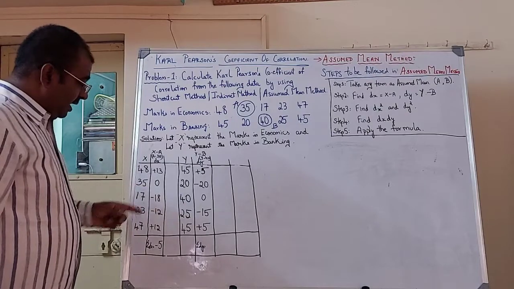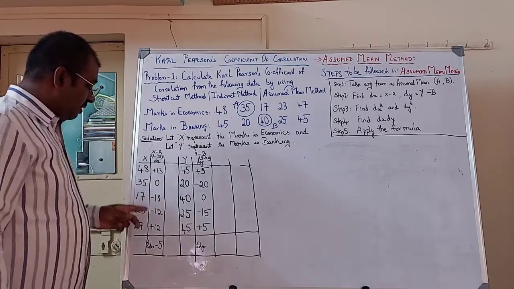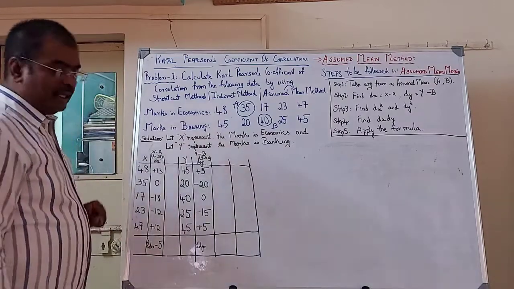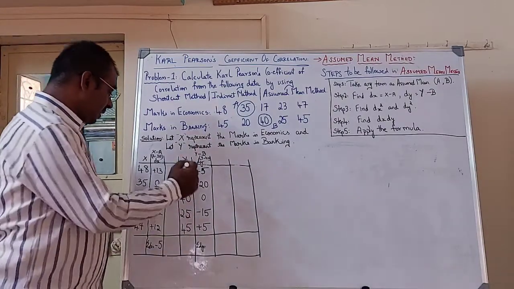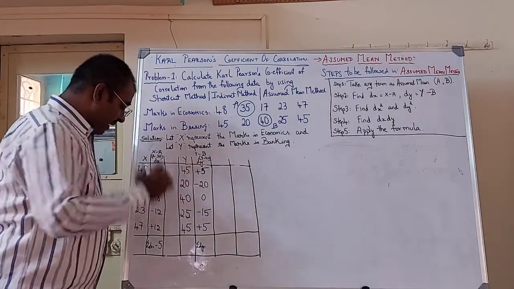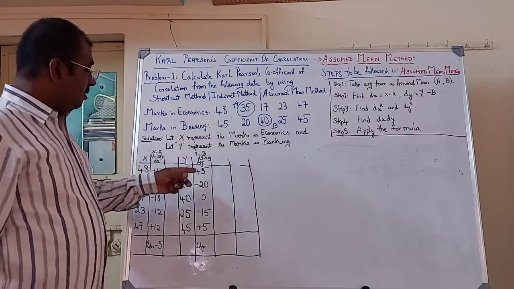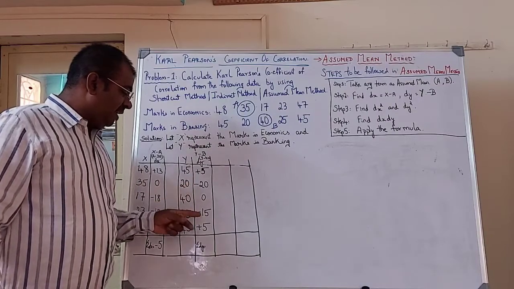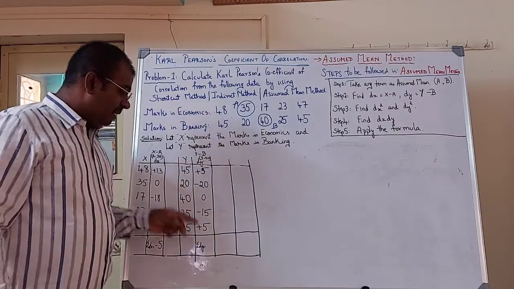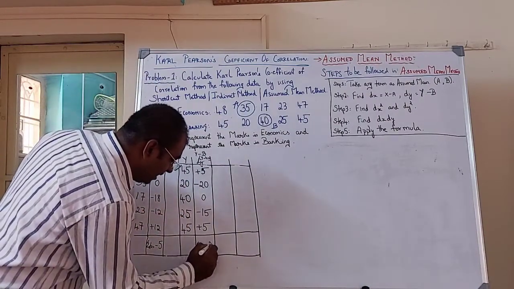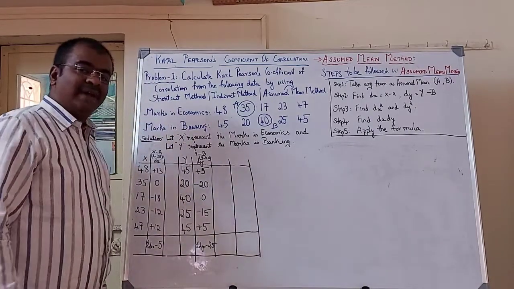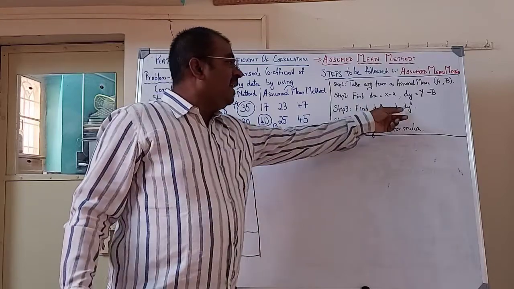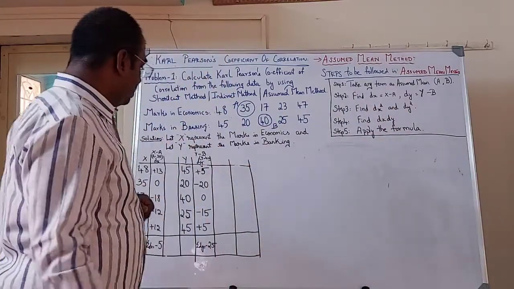Next, let us calculate the dy values. Here it says plus 5, minus 20, minus 15, minus 30, plus 5, it is minus 25. Now, let us go to step number 3, which says calculate dx square and dy square.